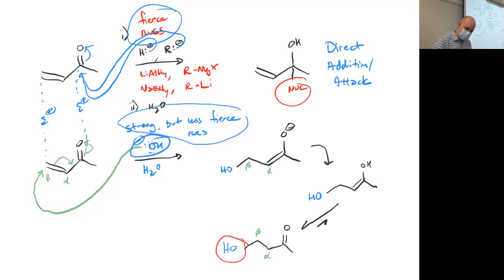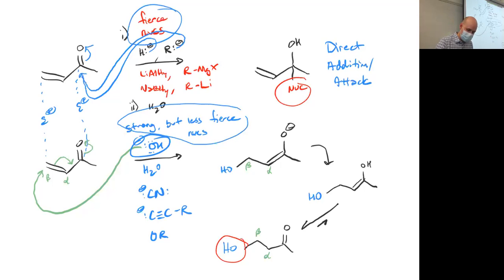OH- would be fine. Cyanide, so a C- that's stable enough to exist for a while and be more choosy. This one that we saw earlier this week in lab, your C- at the end of a triple bond, which is not incredibly unstable, so not a fiercely strong nucleophile. That one would work there.